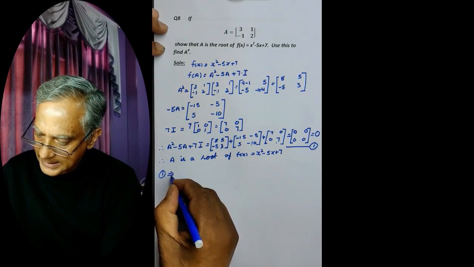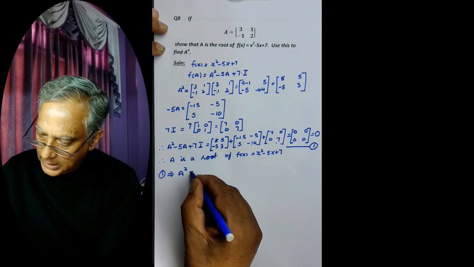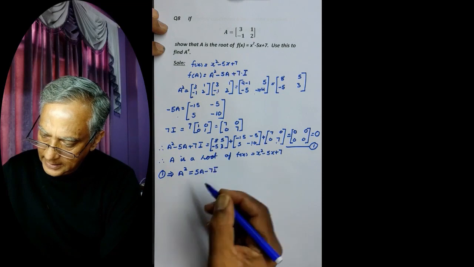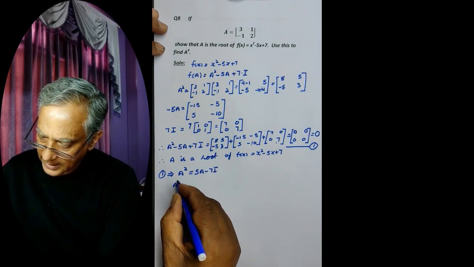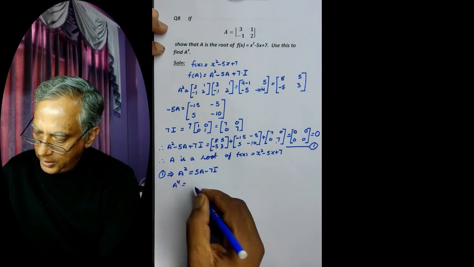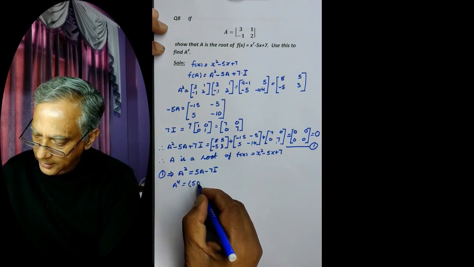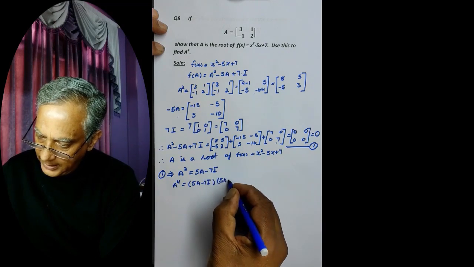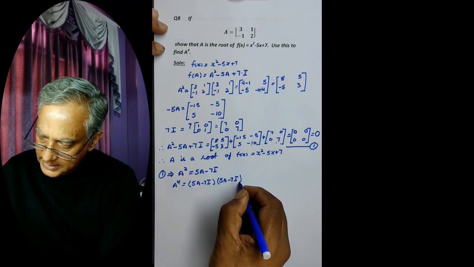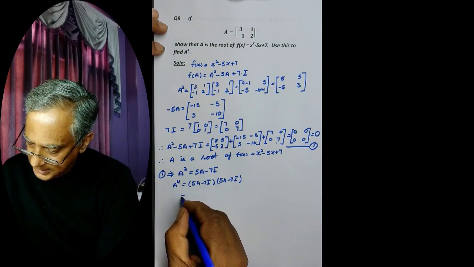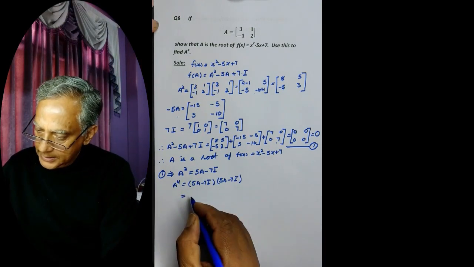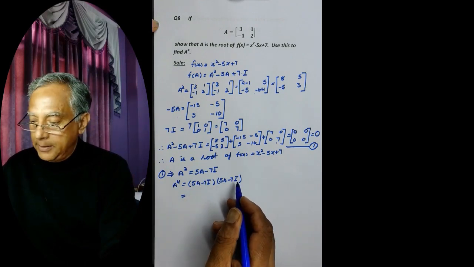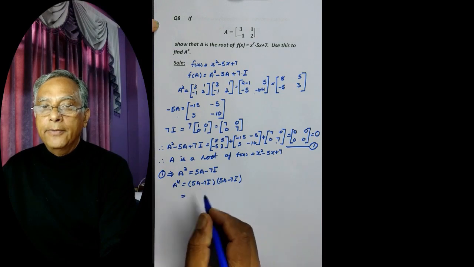Now this implies A square is equal to 5A minus 7I. Therefore, A4 is equal to A square into A square. That is (5A minus 7I) into (5A minus 7I). And this is equal to this into this. You must keep in mind that matrix multiplication is not commutative.